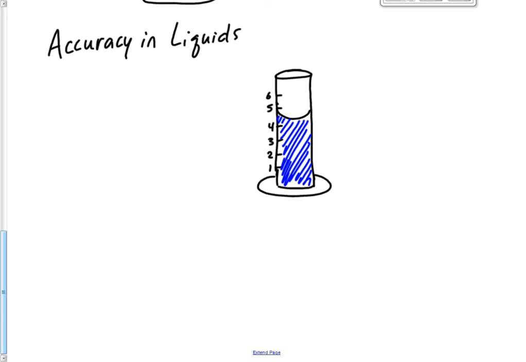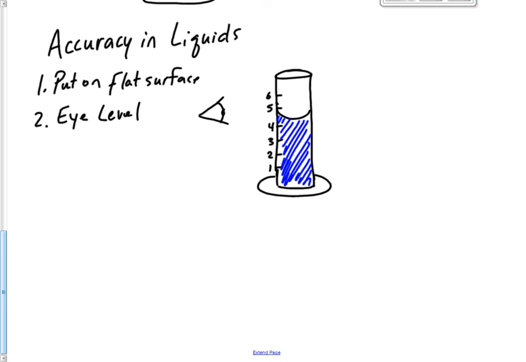Okay. The first thing you're going to do is put this on a flat surface, like a table or a desk, something that's flat and stable. The second thing you're going to do is get down on its level with your eye.